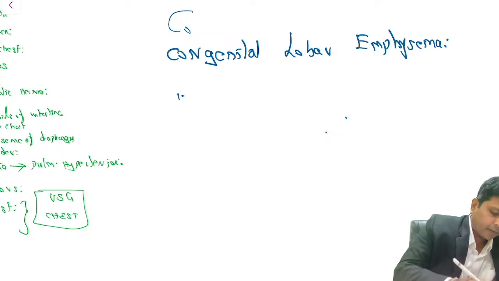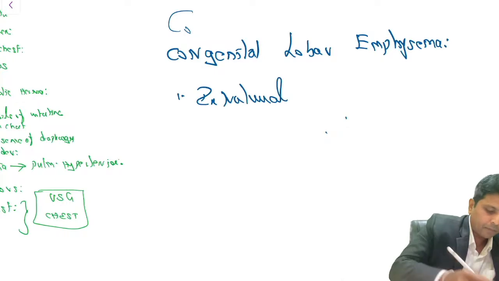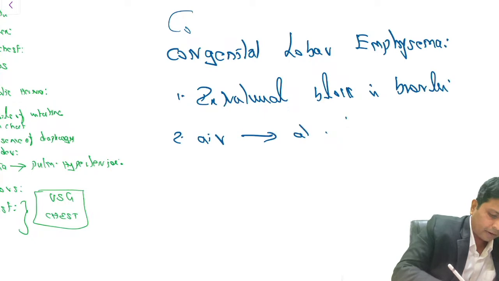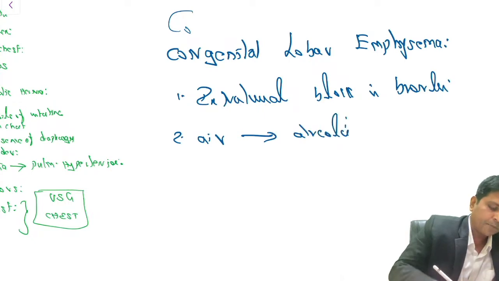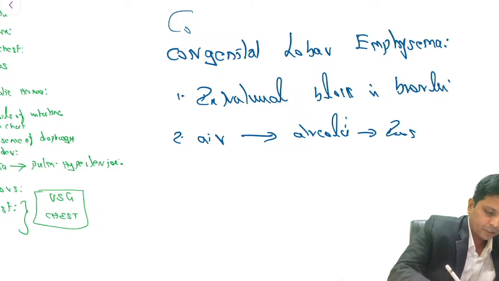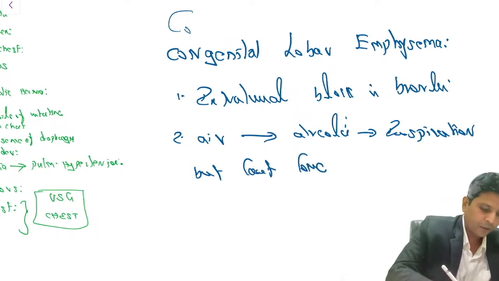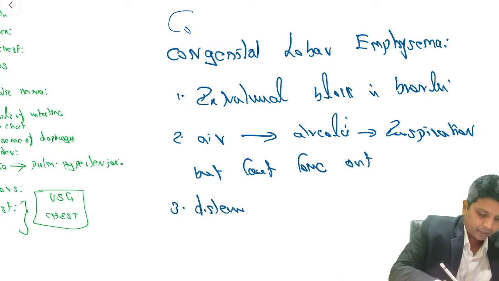In congenital lobar emphysema, there will be an intraluminal block in the bronchus, as a result of which air goes into the alveoli during inspiration but cannot come out, because expiration is a passive process, leading to distension of alveoli.